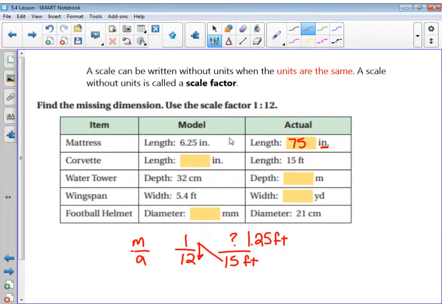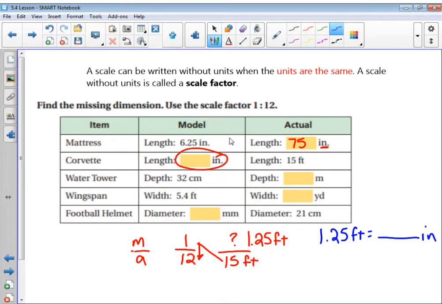So now this is 1.25 feet. Here's where it's slightly different, because they are asking for that in inches. So I have to go back to something that we learned previously, I think back in chapter 2, working with conversions. I want to change 1.25 feet equals blank inches. If I don't remember the conversion, I can look in the back of the book.